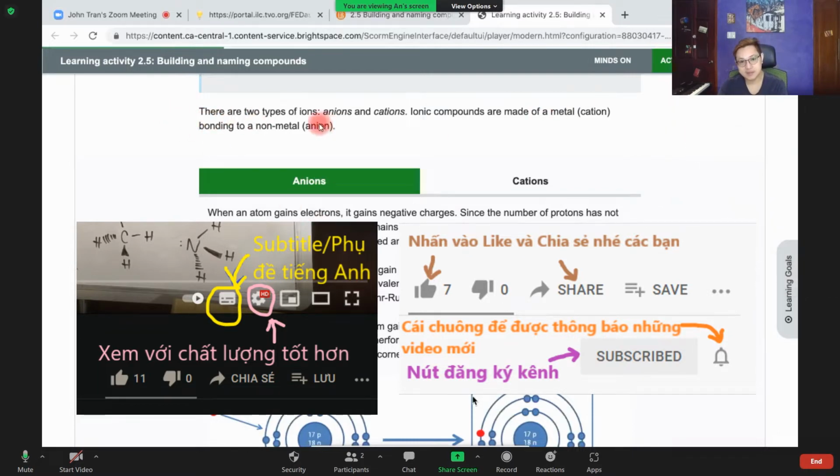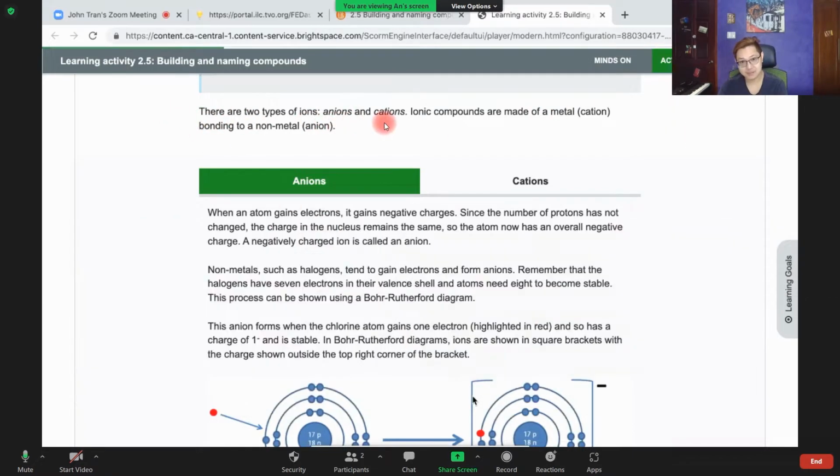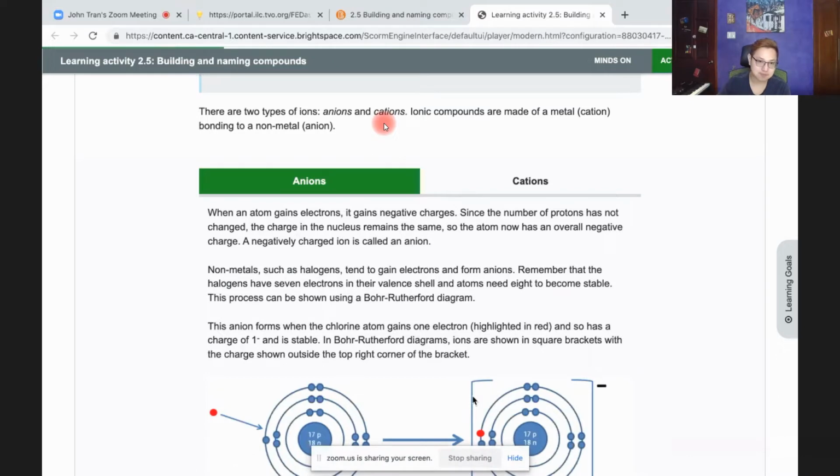There are two types of ions, anions and cations. When an atom gains an electron, it gains negative charge. Since the number of protons has not changed, the charge in the nucleus remains the same.